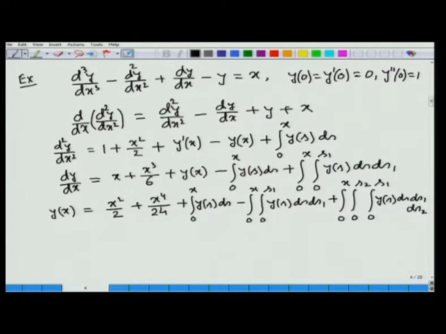Now, in these two last integrals we have to apply the generalized replacement formula.